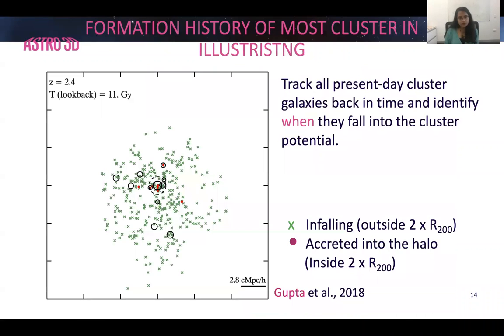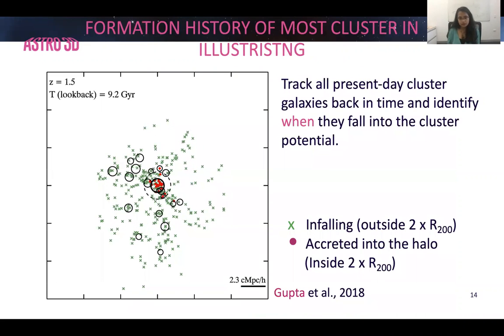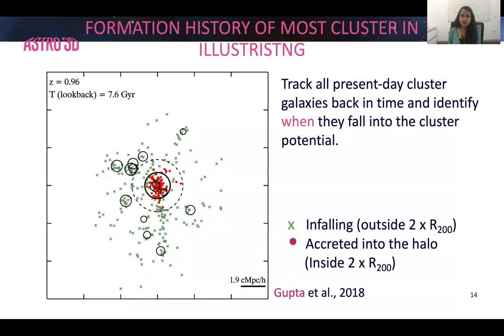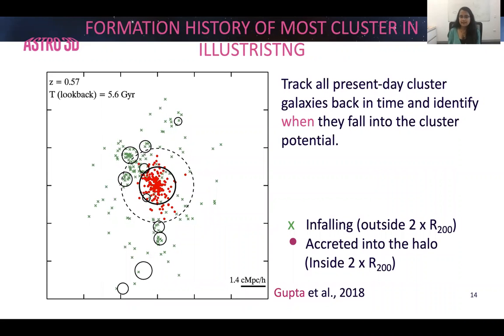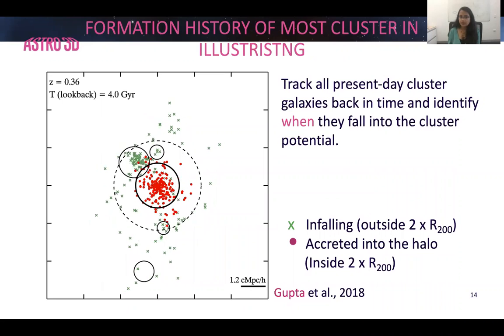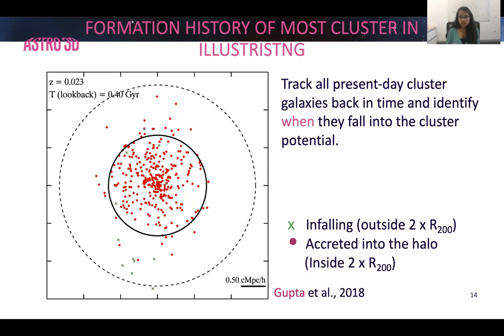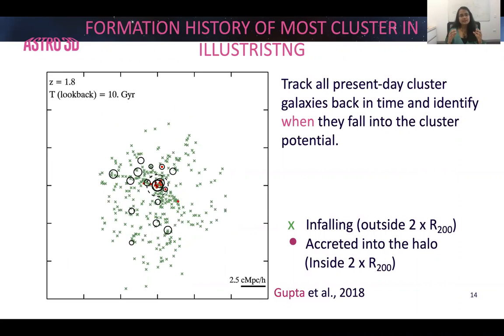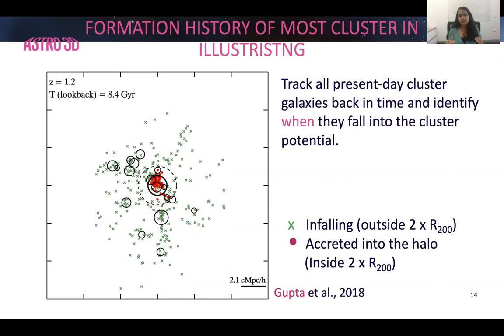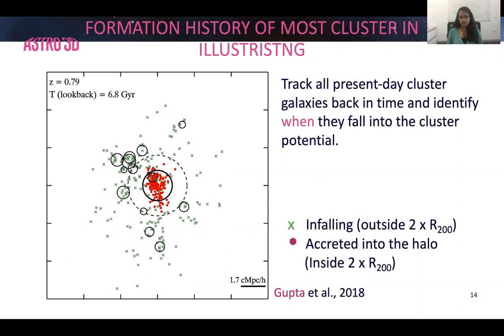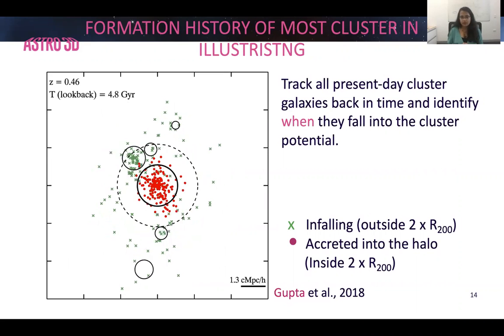So we tried to do this in simulation, using the Illustris simulation to see how galaxies in dense environments enrich themselves, and whether we see a sign of metallicity enhancement. To do this, we select all galaxies which are living in cluster environments in the present day universe, for example at redshift 0.